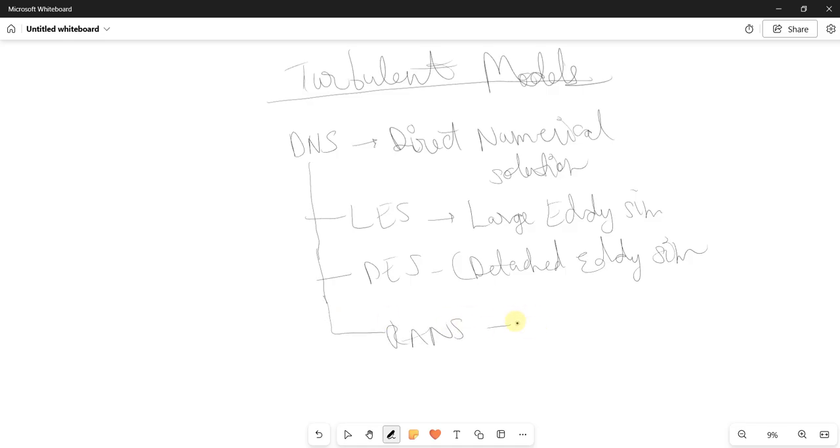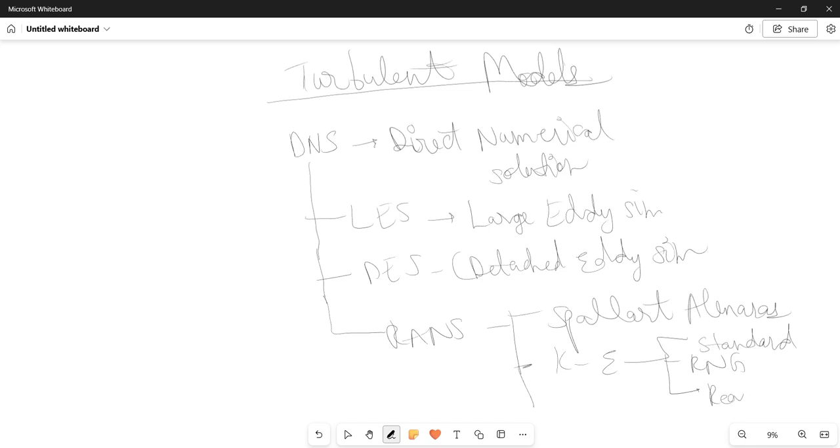RANS starts with Spalart Allmaras. Then you have K epsilon, which has standard, RNG, and realizable.